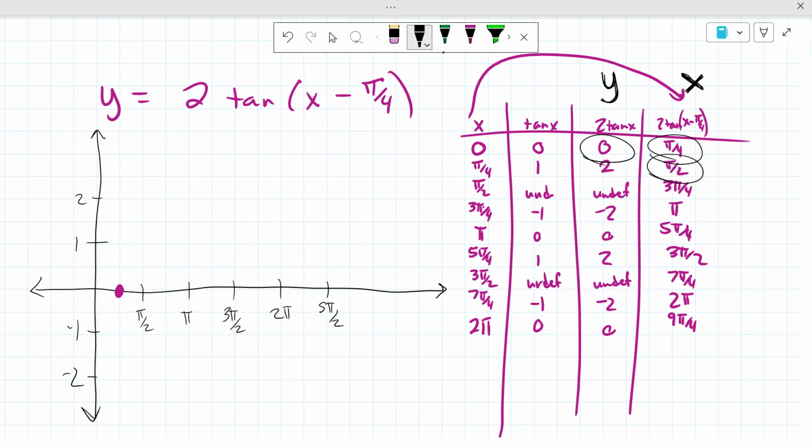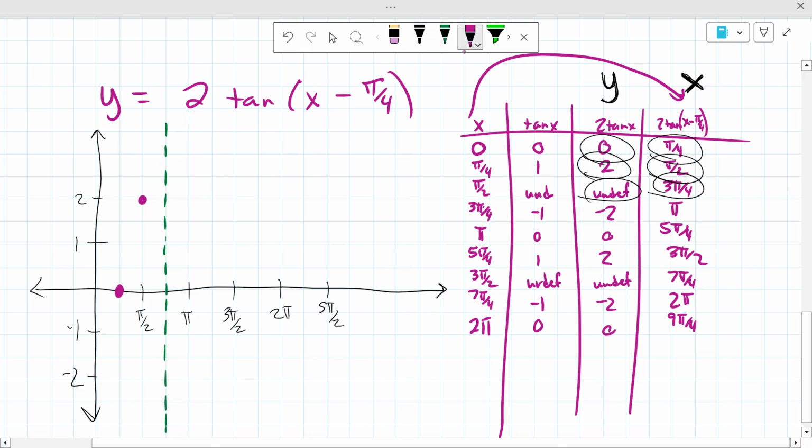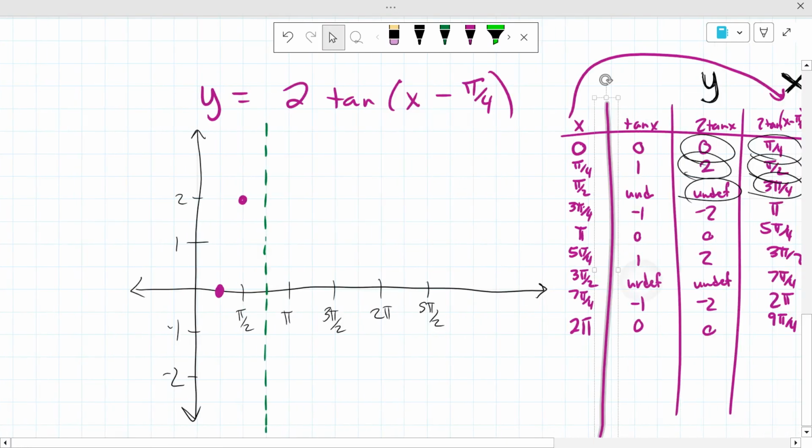At pi over 2, I'm going to be all the way up at 2. At 3 pi over 4, I'm going to have an asymptote. At pi, I'm going to be at -2.